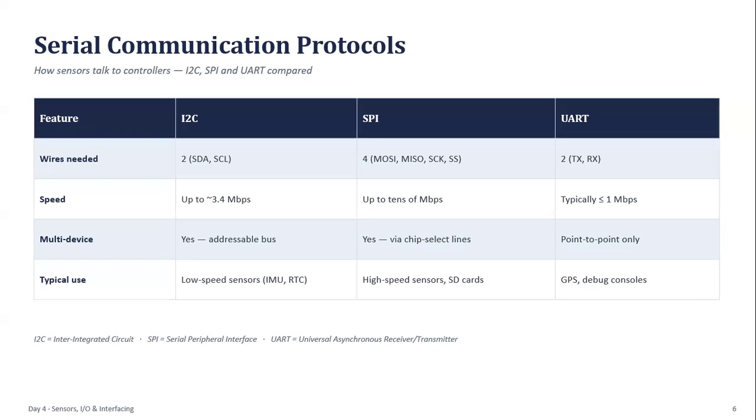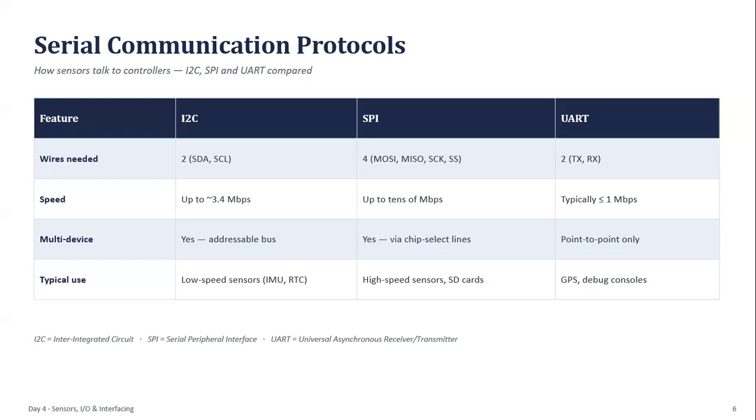The I2C communication interface requires only two wires and supports multiple devices using unique addresses. SPI offers high speed using four communication lines and is preferred for high performance applications.